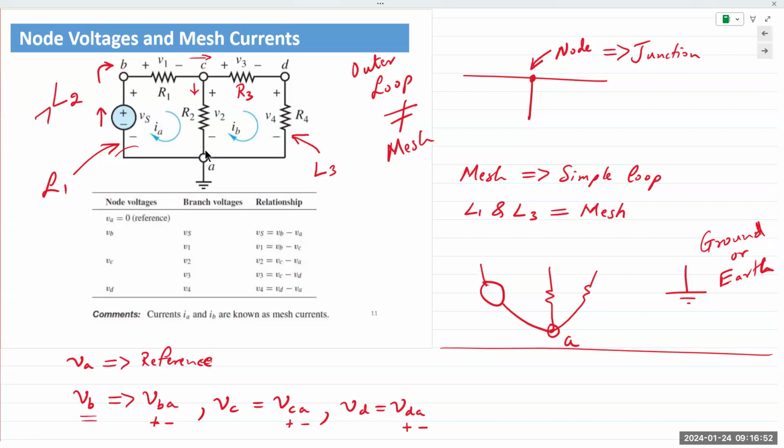As an example, V1 is for resistor R1. Resistor R1 is connected between nodes B and C. We have already established, or assumed at the beginning of our analysis, that node B is at a higher level than C. We have a plus at B and a minus at C. So we would write out V1 as the difference between B and C. And since I had assumed B is higher than C, I would write it as VB minus VC.